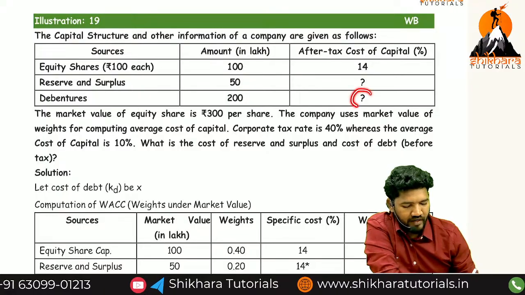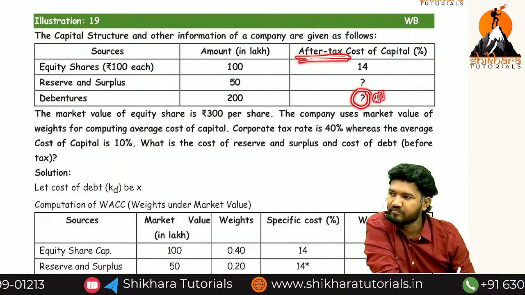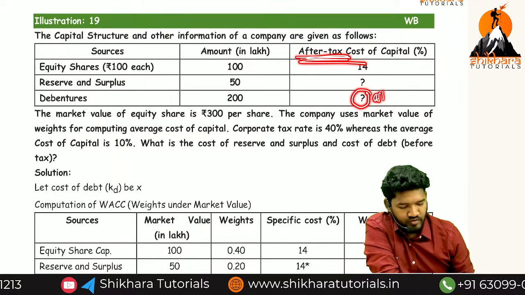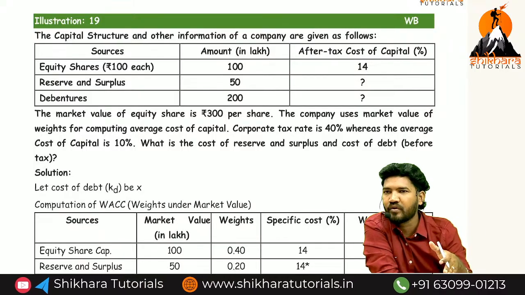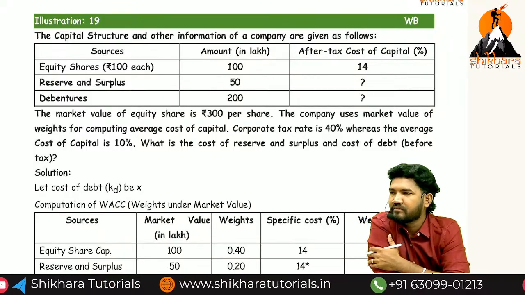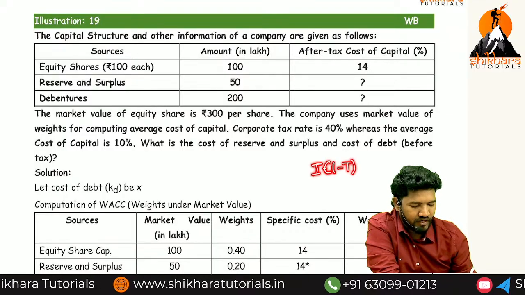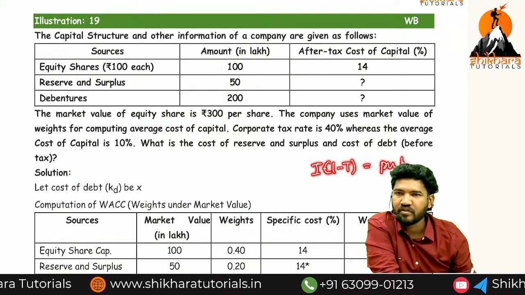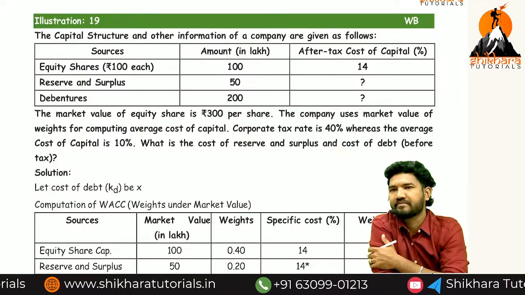Here what you will get is an after-tax answer, because it is an after-tax calculation. So if you add that tax back, you will get the pre-tax KD. If you remove interest times (1 minus tax), you get the post-tax KD. If you add this tax to the interest, you get the pre-tax KD.